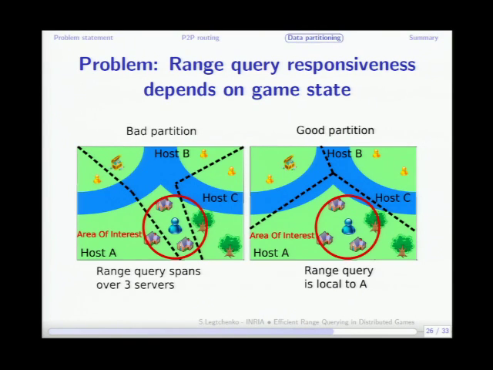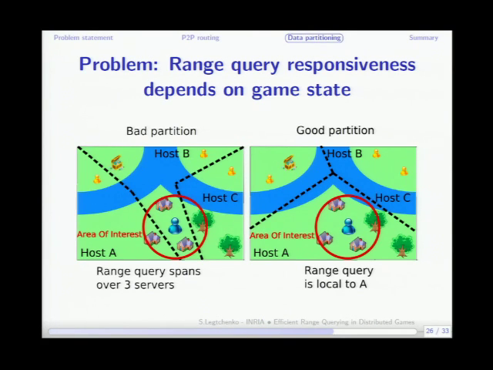On the left, we have a bad partition. Why is it bad? It is bad because it partitions each zone between several servers. And more particularly, it splits this zone, which happens to be high density because of the game state, between 3 servers. And since it is a high density zone, there will be a lot of range querying inside because there are a lot of players.